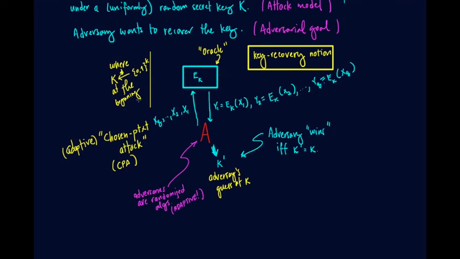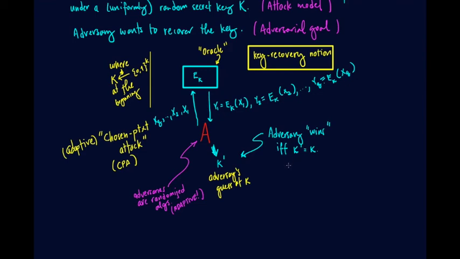The experiment starts by picking a key k, and then the adversary is given oracle access to the block cipher with that secret key k. It's not given k as input, mind you. It then asks adaptive queries to this oracle, sees the responses, and at the end of the game it outputs k prime, and it wins if k equals k prime. We've been talking about the probability of winning.